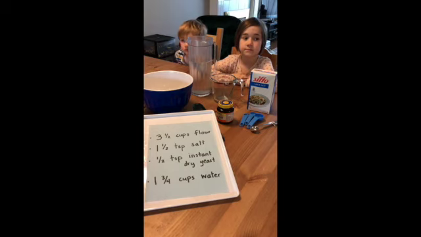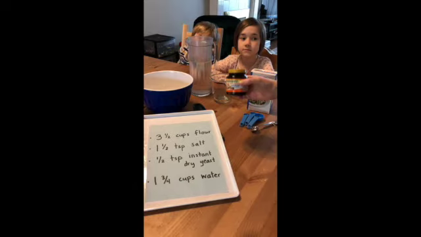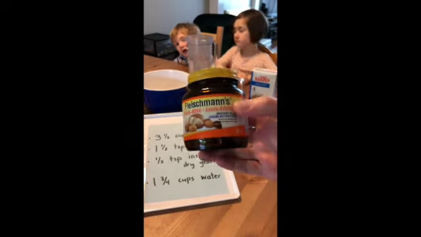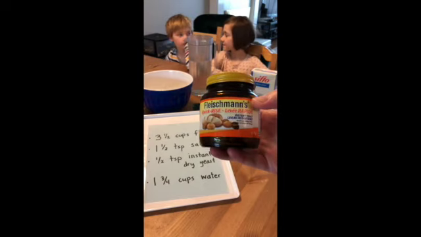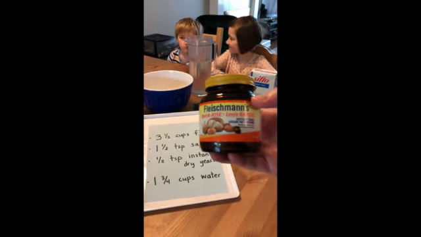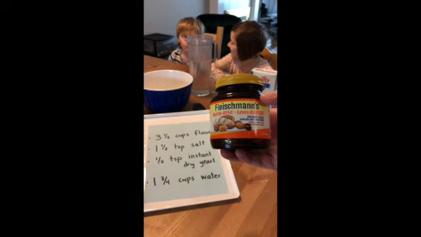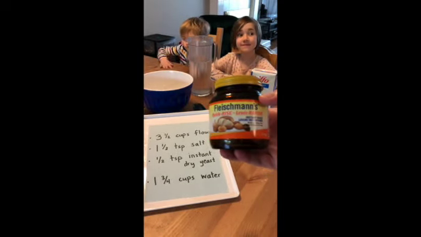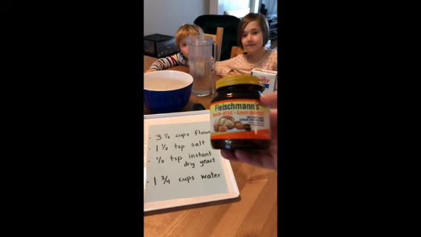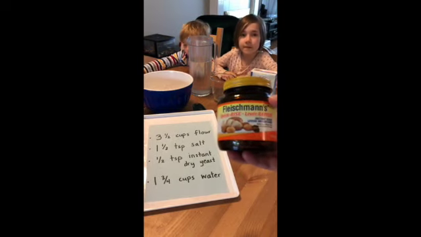Now, yeast, you might have at home. Sometimes it comes in jars that look like this here. We're going to be using just instant yeast, dry instant yeast. But these days, while everyone's at home, a lot of people are doing baking, and so it's gotten really hard to find yeast. So if you have some yeast at home, that's great. If you don't, don't worry about it.